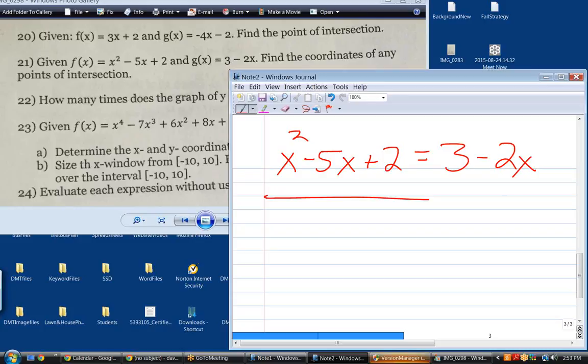The only reason factoring is worthwhile is because if you can say that something times something else is equal to 0, then you can set each one of those things equal to 0, because one of them has to be 0. But if I were to factor this and say that it's equal to 3 minus 2x, I can't say anything. So the first step is to get everything on the same side.